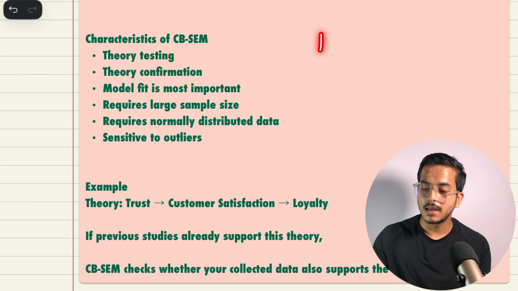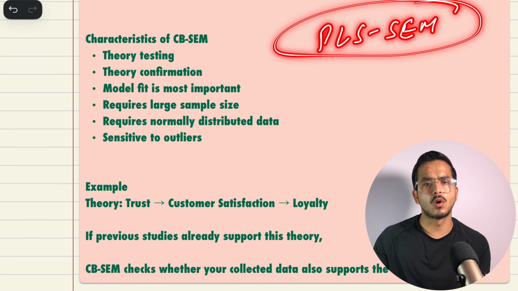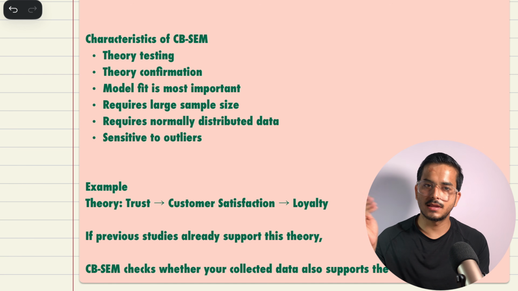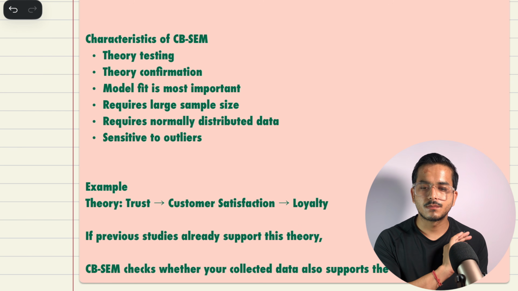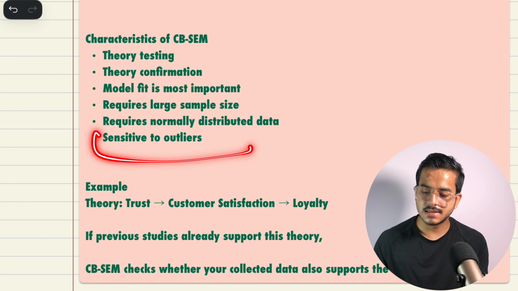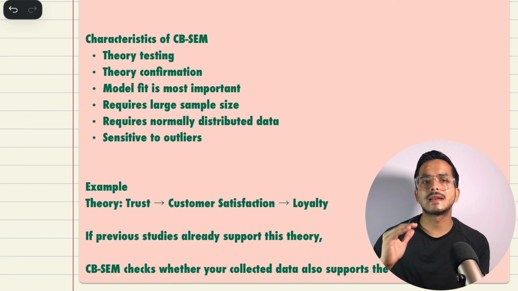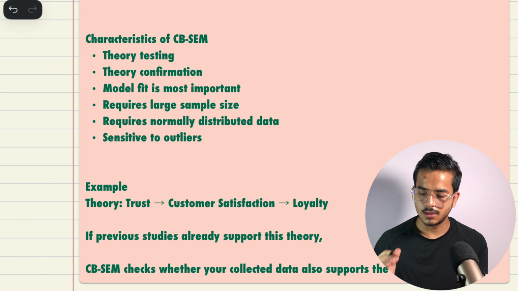On the contrary, PLS-SEM is suitable for small as well as large data. CB-SEM requires a normal distribution of data, which PLS-SEM does not require, and it is sensitive to outliers. Outliers are those values that are a little off from the average.